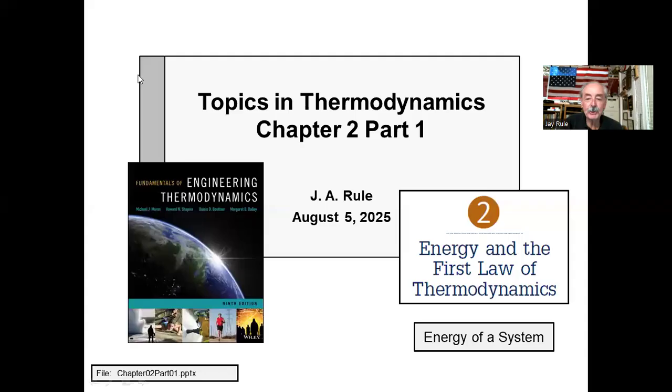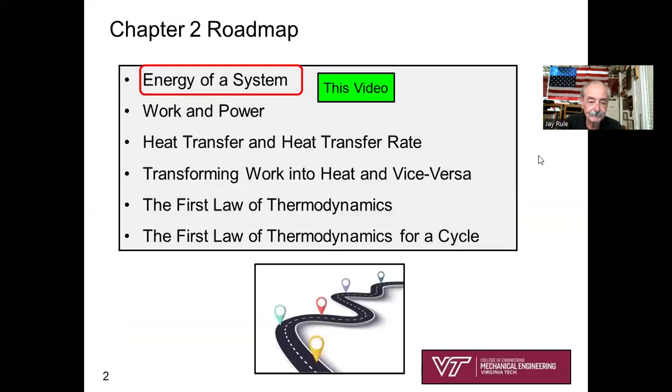So, chapter two is all about, it says, energy and the first law of thermodynamics. Let's look at a roadmap of what we're going to cover in chapter two. I've busted up this chapter into one, two, three, four, five, six important topics and might spend a significant amount of time on each.